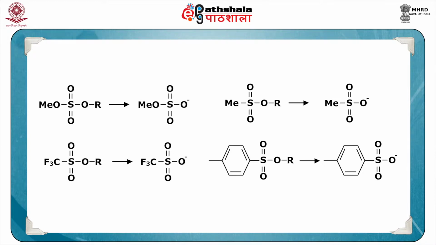So, you can clearly see here when these groups are going, the O minus can resonate with the other doubly bonded oxygen on the sulfur, and that is why they will be acting as excellent leaving groups. So, we can again talk about resonance briefly. The more the resonance, the more the leaving group ability, and yes, the less the basicity.